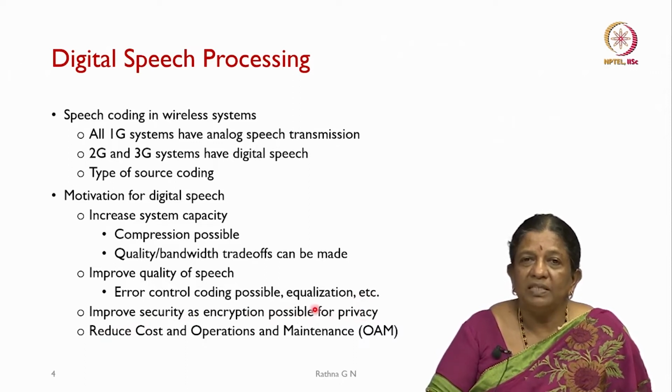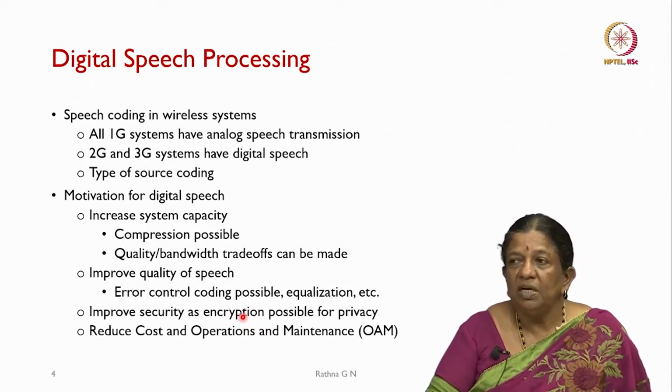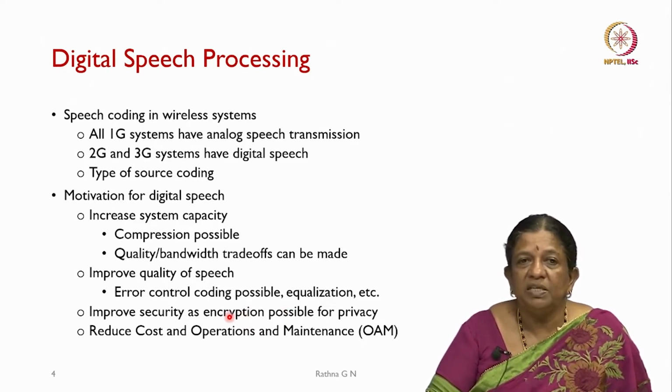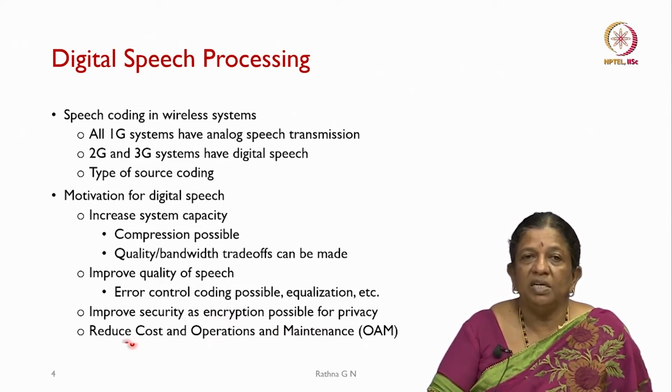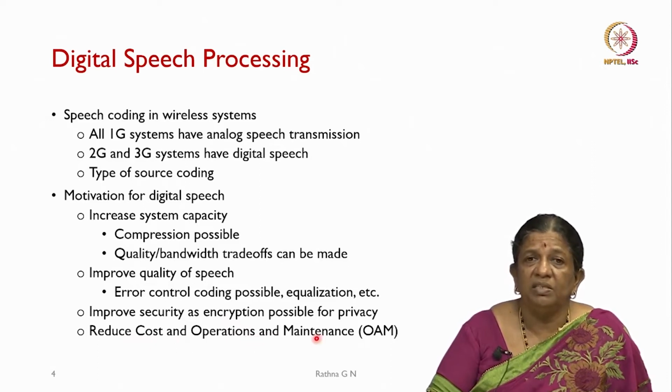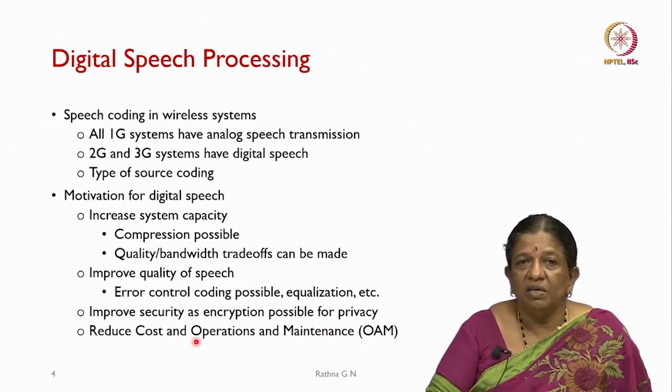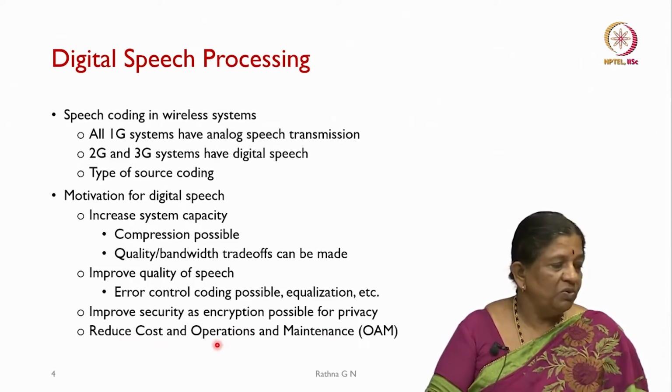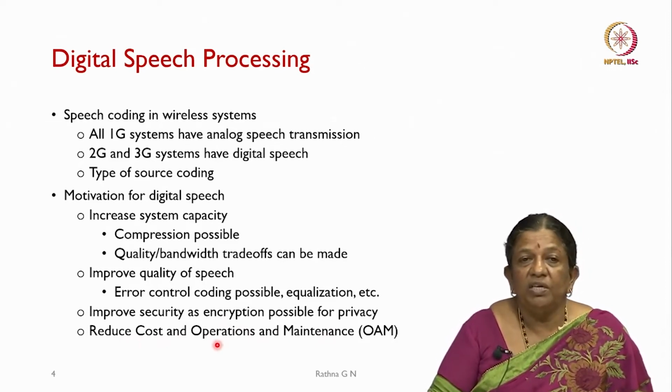One example, as we said, is scrambling: whether I can scramble my speech signal, and this is the way one can do encryption, or you can do it in multiple ways, and then at the receiving end whether we can decrypt the speech signal. At the same time, we have to keep in mind reduced cost of operations and maintenance, because for most units and majority usage we need this parameter to be considered.